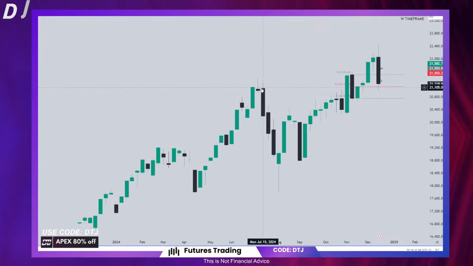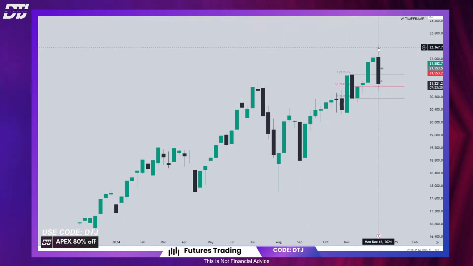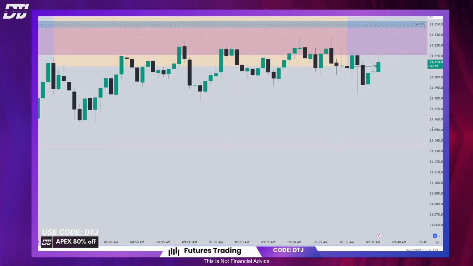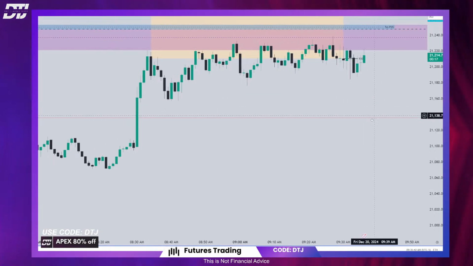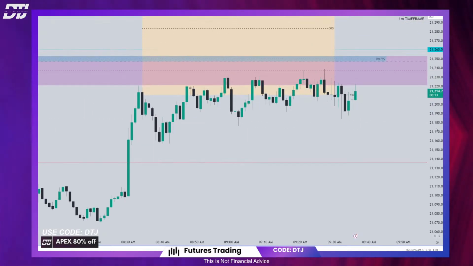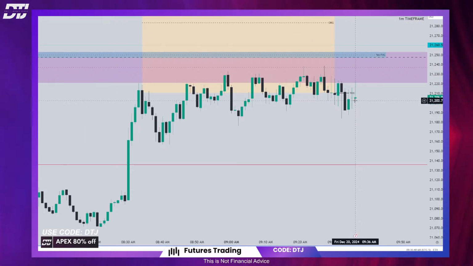Big correction, but then we moved higher. So a lot to unpack there on what the future holds, but not much happening right here. A lot of wicks and zero fair value gaps. This is where we just sit on our hands and don't do anything.